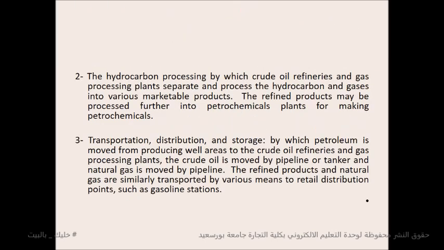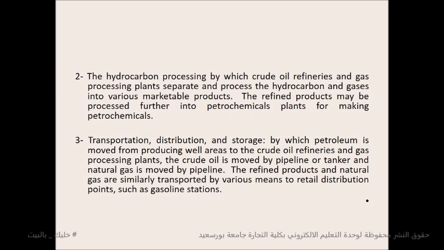Number 2. The hydrocarbon processing, by which crude oil refineries and gas processing plants separate and process the hydrocarbon and gases into various marketable products. The refined products may be processed further in petrochemical plants for making petrochemicals.